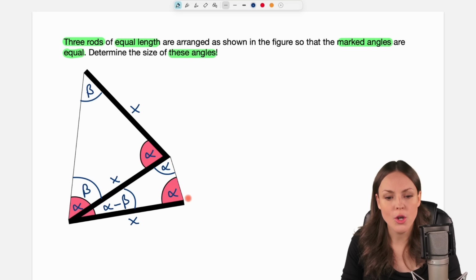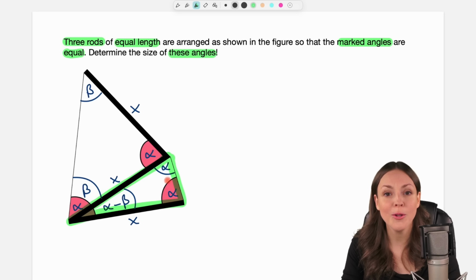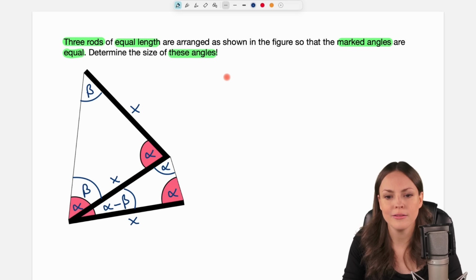What else do I know? I know that in every triangle, if I add all of the angles, so if I take this angle plus this angle plus this angle, then I always get 180 degrees. So let's do this. Let's start with this angle here. It's called alpha minus beta.